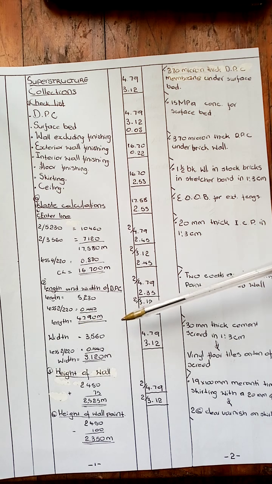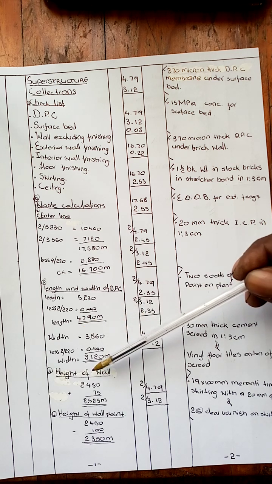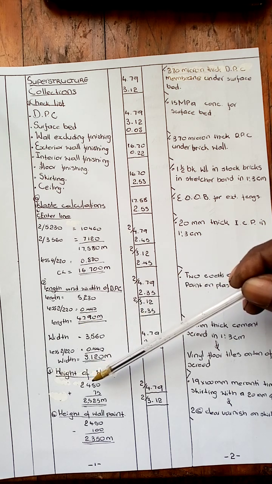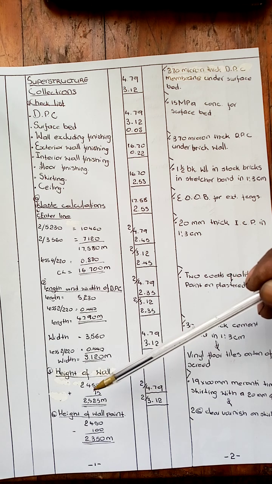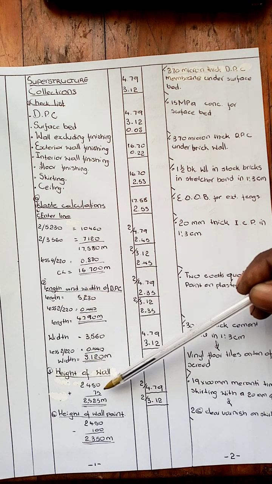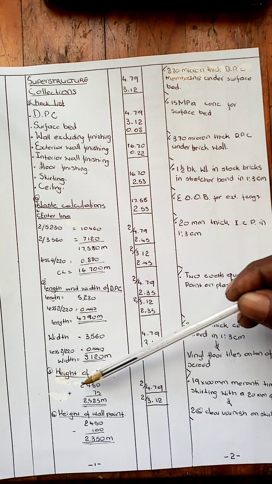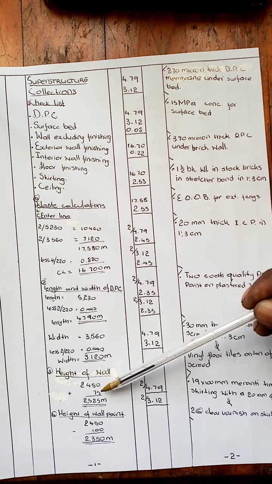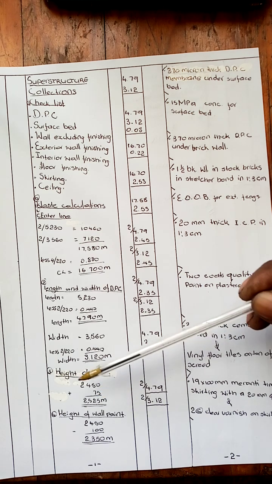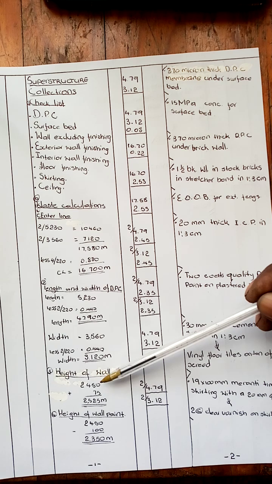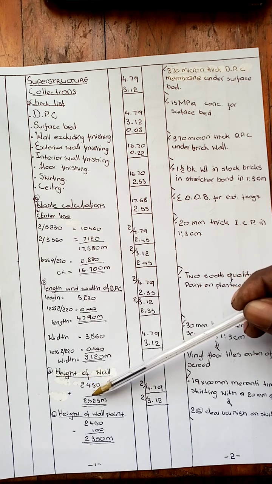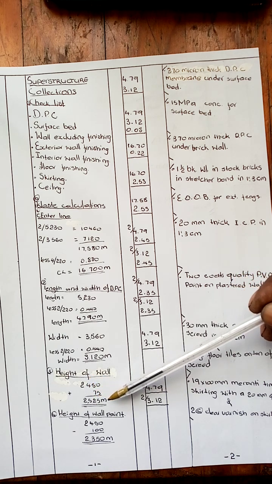So the height of the wall, we have been told that it's 2 meter 450, but the surface bed is 75 millimeters, which means there is another course at the level of the surface bed that has not been counted in this 2 meter 450. So we have to add that course, which is 75 millimeters. So 2 meter 450 plus 75 millimeters gives us 2 meter 525.